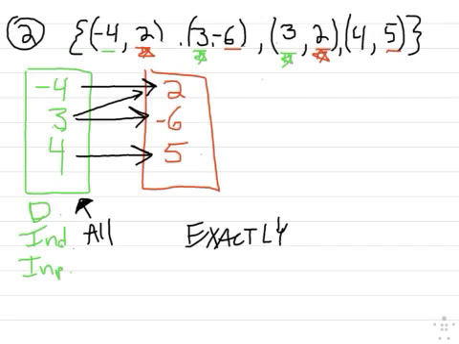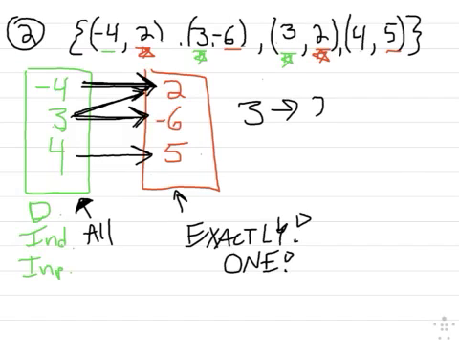I'm going to write this again in big letters: exactly 1 element in the range. Well, let's see. -4 maps to 2. That's 1 element, right? Doesn't map anywhere else. 3 maps to 2, and 3 maps to -6. Oh, how many elements is that? 3 maps to 2 and -6.